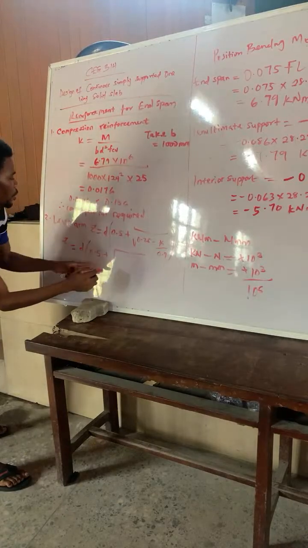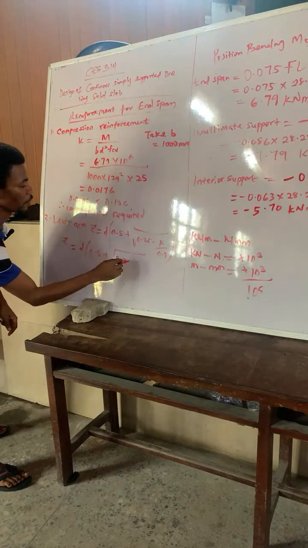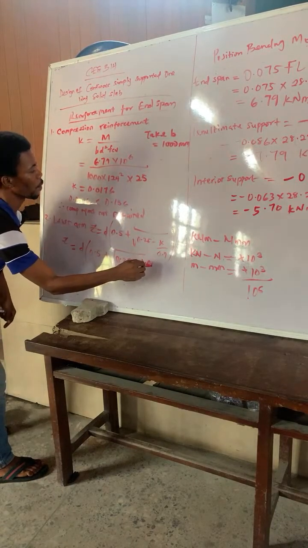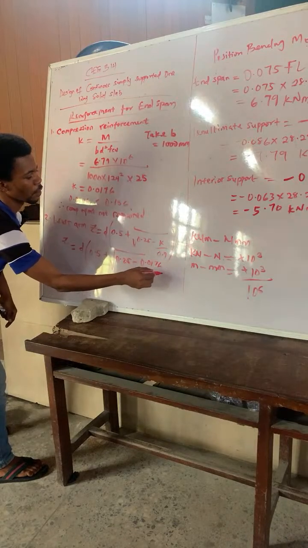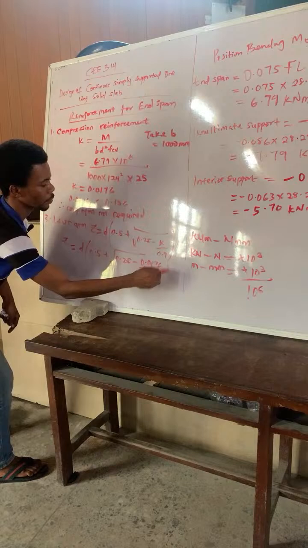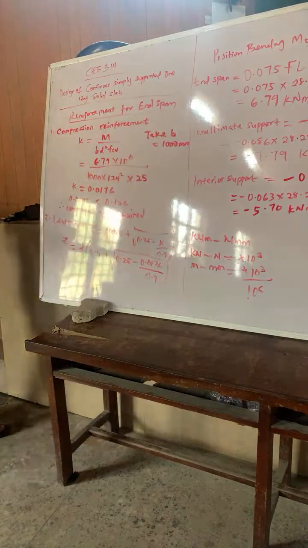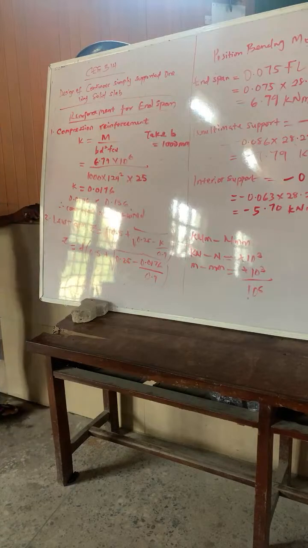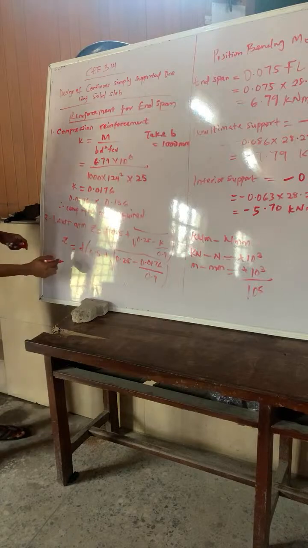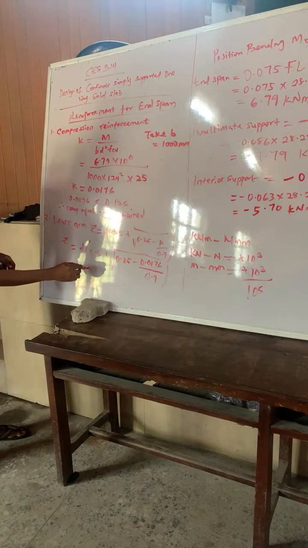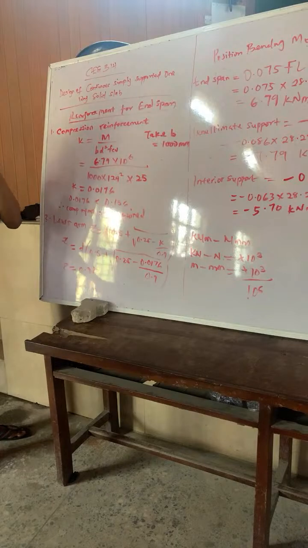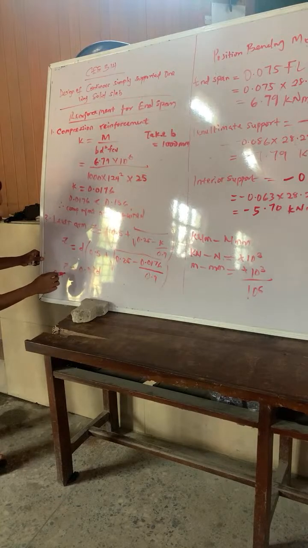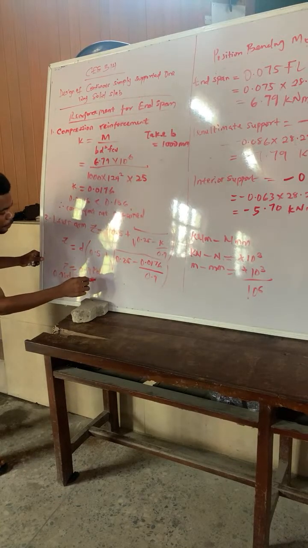So 0.25 minus K. This is our K, 0.0176 over 0.9. Please punch your calculator. We get 0.983D. 0.98D is greater than 0.95D.